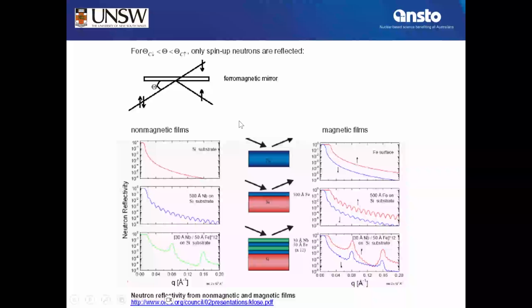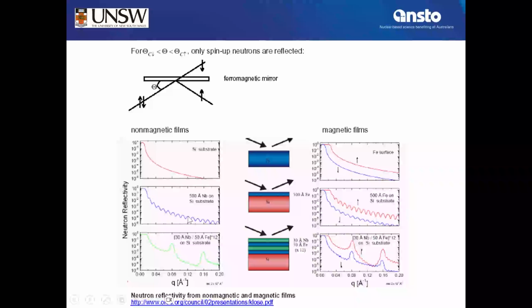So reflection takes place only for one spin component. And at the end of your guide, you end up with a perfectly polarized beam. So here are some measured data, reflection measurements on magnetic and non-magnetic films.